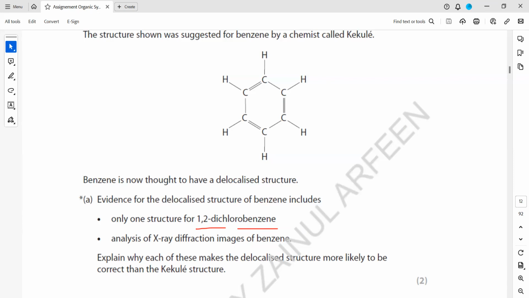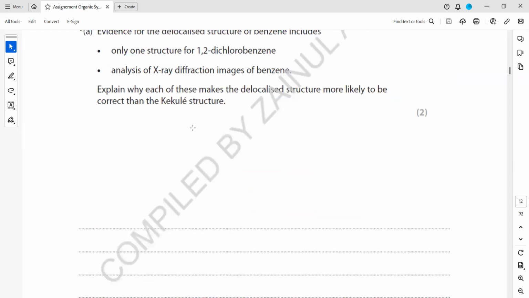According to Kekulé, it should be highly reactive as the double bonds are there. So addition reaction will occur, all the bonds will break and chlorine will be added. But chlorine could then be in positions other than 1 or 2 as well. So that is also evidence of a delocalized electron structure rather than Kekulé's model.